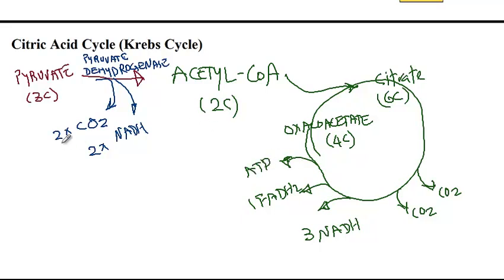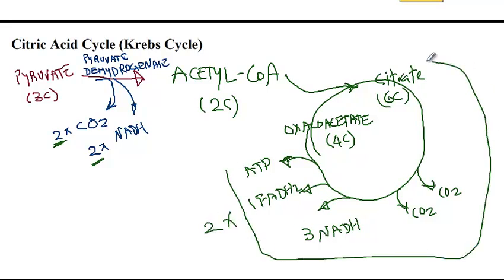And again, we have 2 molecules of everything here. So 2 times every one of these values that we just discussed. And that was basically a brief summary of the citric acid cycle, also known as Krebs cycle, or the other name is tricarboxylic acid cycle. That's why they say TCA cycle.